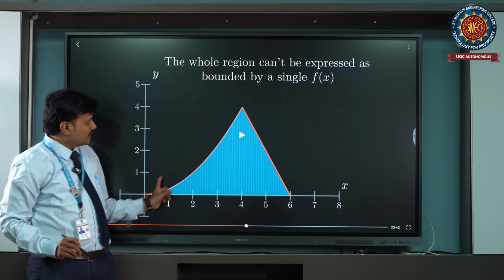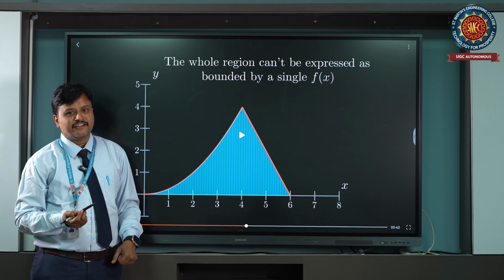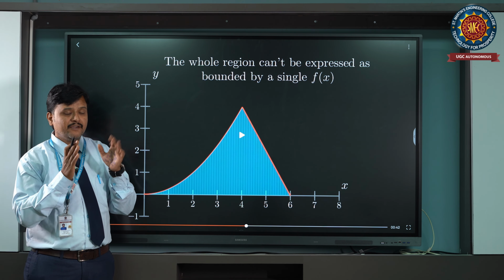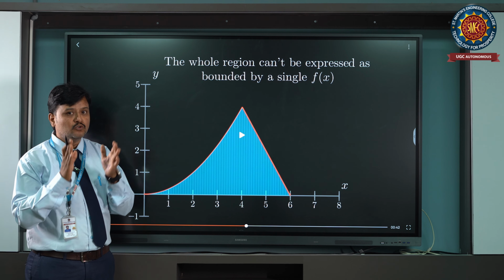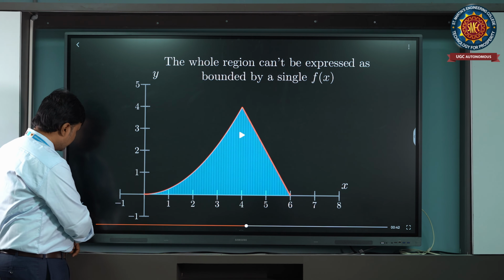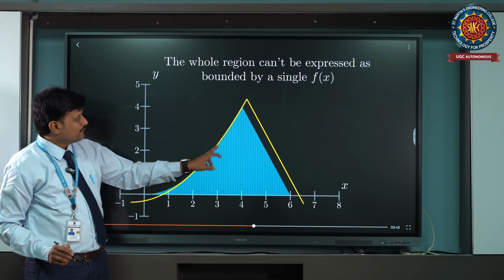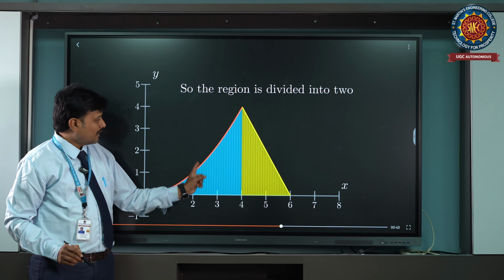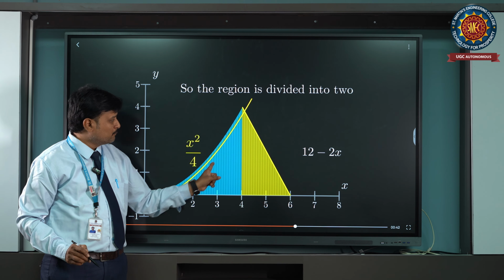You can see this is the non-rectangular region. So in these regions, we may split the region into two sub-regions, like you can see in the video. Here we are dividing the total region into two parts, R1, the yellow part, and the blue part.